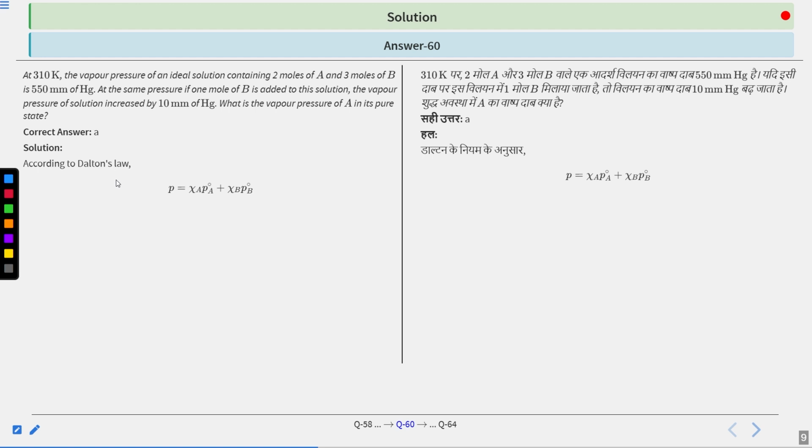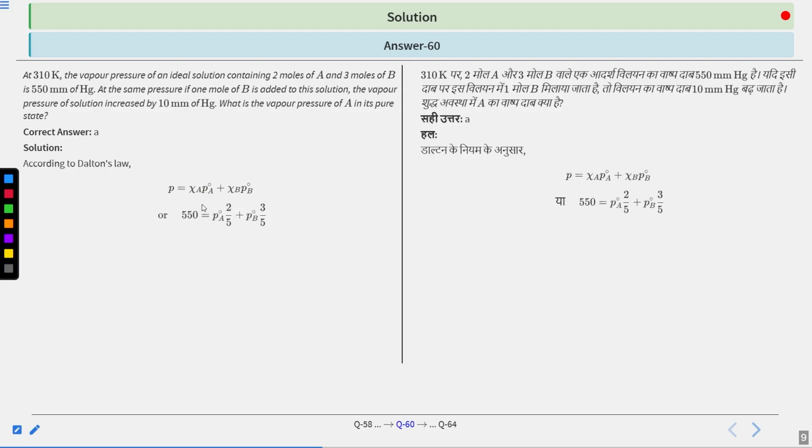We know according to Dalton's law that the pressure is equal to the individual contribution from each component. So PA will be the contribution from A and PB will be the contribution from B. Now applying Raoult's law, PA equals chi A PA naught, where chi A is the mole fraction and PA naught is the vapor pressure of pure A. Similarly, PB equals chi B PB naught.